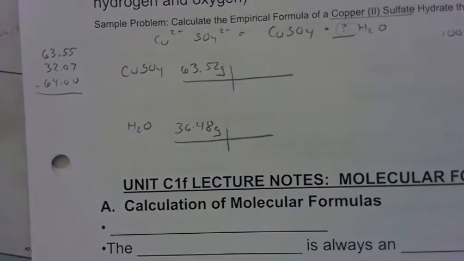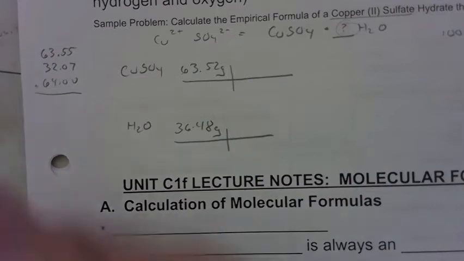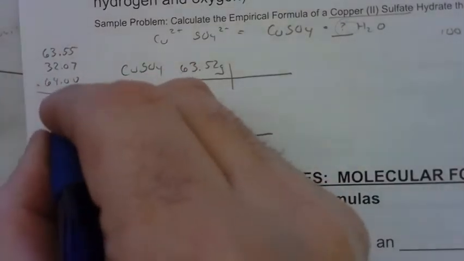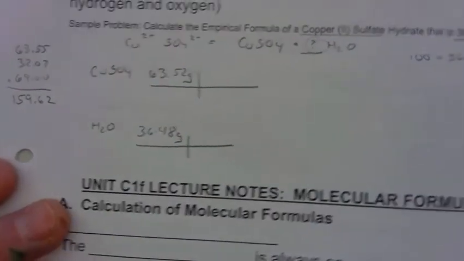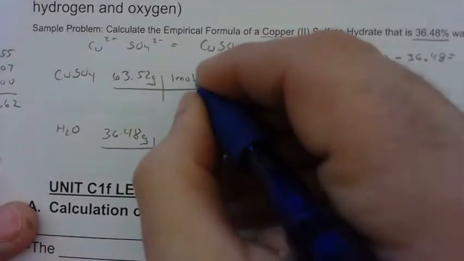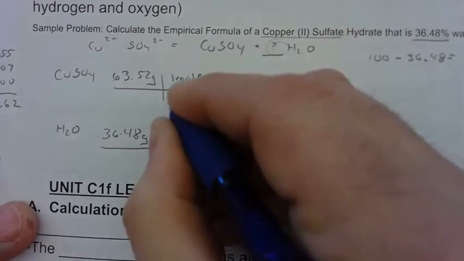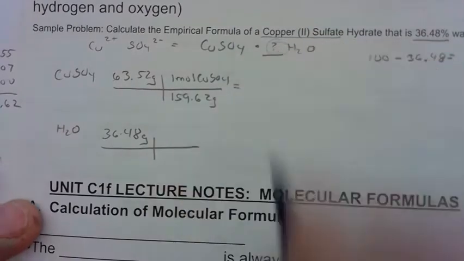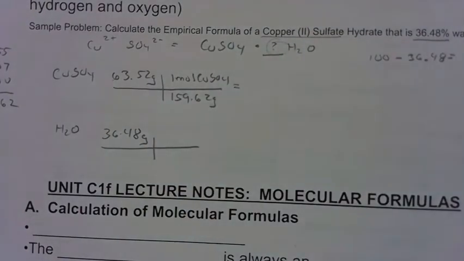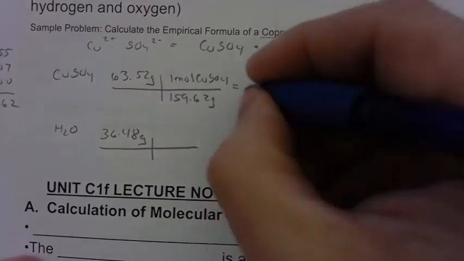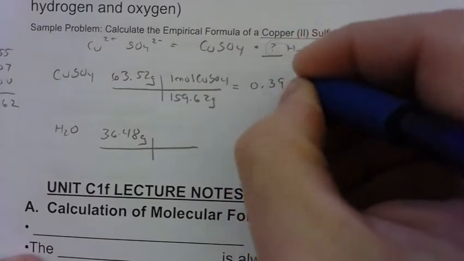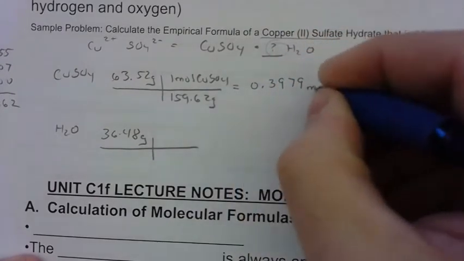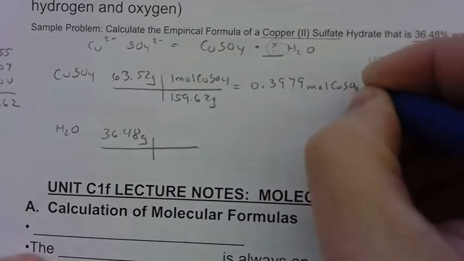I add it all up, 32.07 and 63.55, and I get a molar mass of 159.62. So I know that 1 mole of CuSO4 is equal to 159.62 grams. So I take 63.52 divided by 159.62, and I see that that is 0.3979 moles of CuSO4.